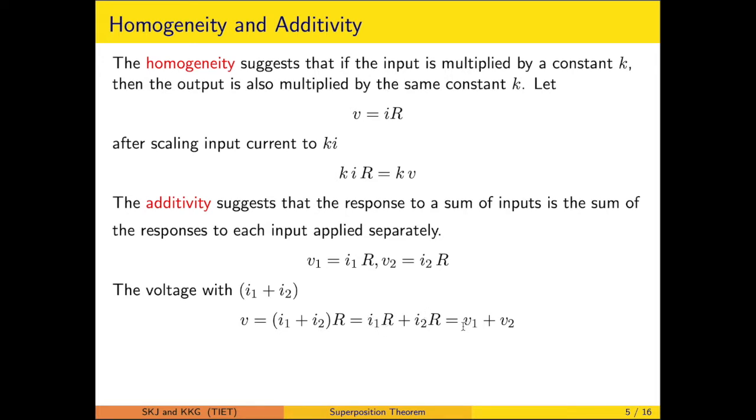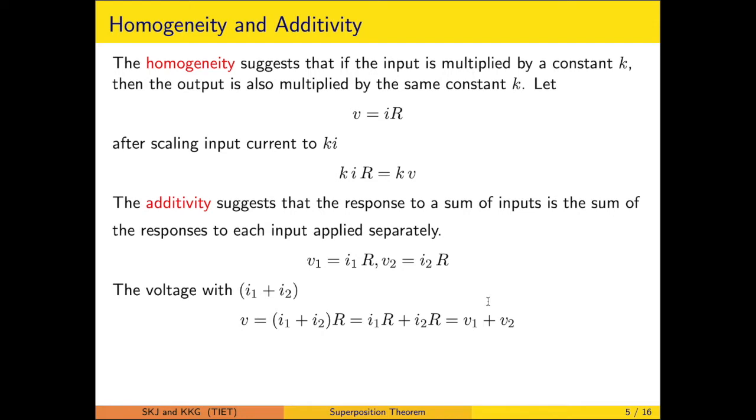This is represented as the sum of the old responses, V1 plus V2. So additivity suggests that the response to a sum of inputs is the sum of the responses to each input applied separately. This we have seen for single elements.